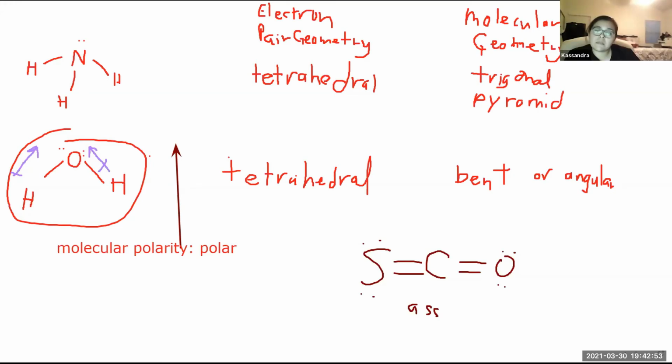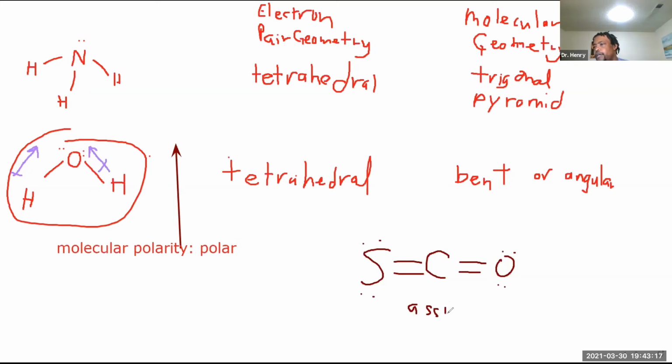So it could be symmetrical if both of the atoms on either side have equal pulls. It doesn't have to be oxygen on each side. If they have the same electronegativity on both sides, then it can be symmetrical. But it's rare that you have two things that have the same electronegativity on both sides.